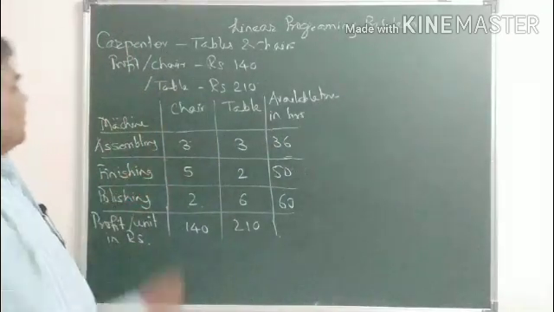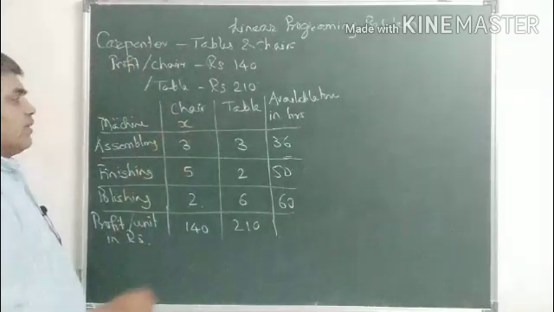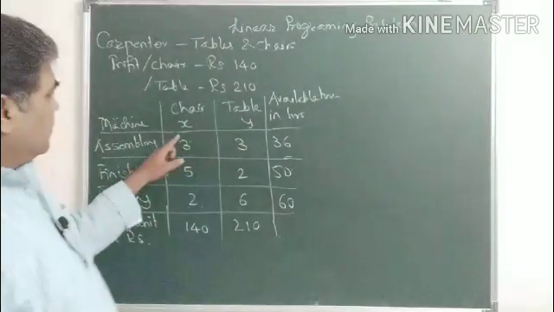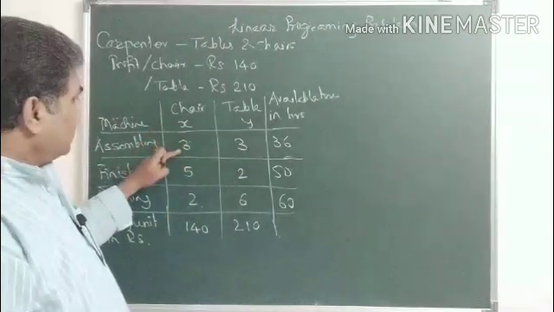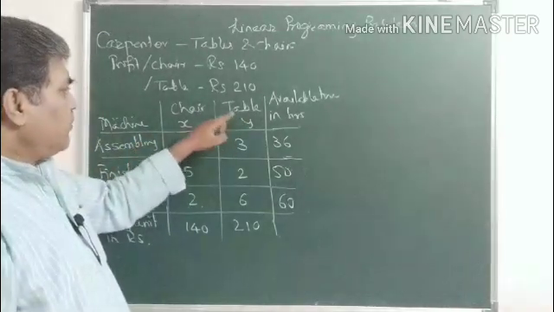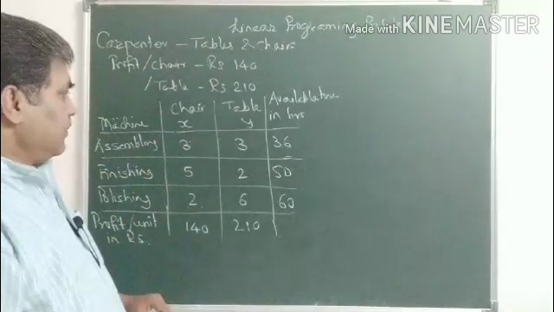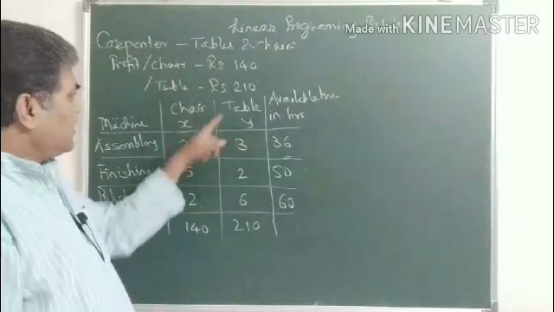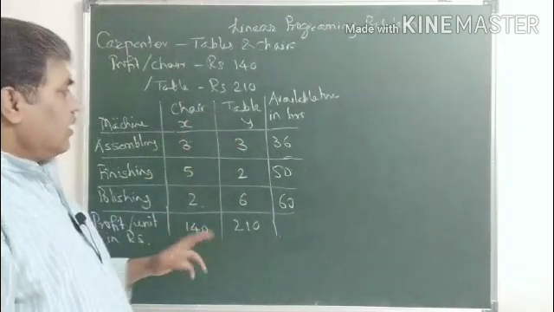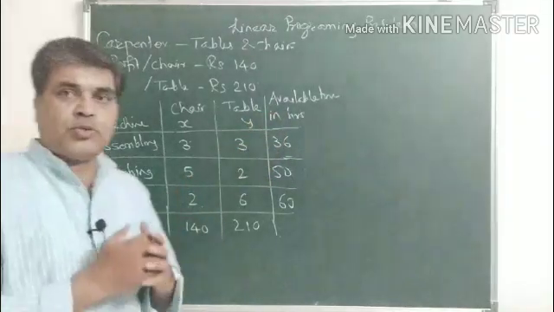So if a carpenter is producing x chairs and y tables, then x chairs require 3x hours for assembling, y number of tables require 3y hours for assembling. x and y number of chairs and tables will require 3x plus 3y hours, and he has maximum number of hours 36, so he cannot use more than 36 hours.